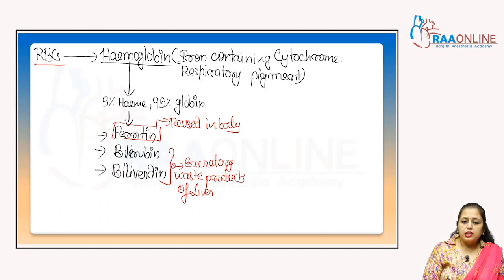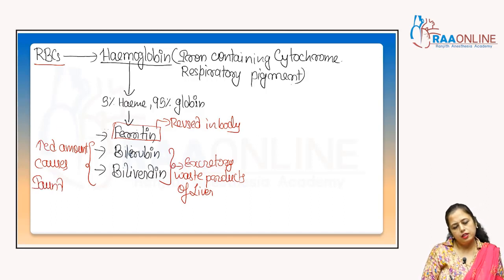These bilirubin and biliverdin are metabolized by the liver. If the liver does not function properly, then the amount of bilirubin and biliverdin increases and causes jaundice, right?